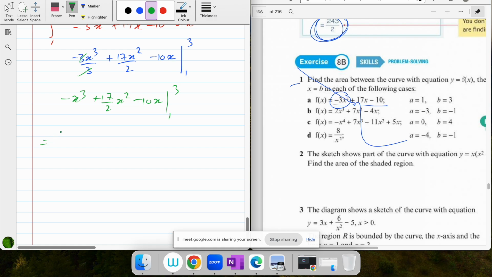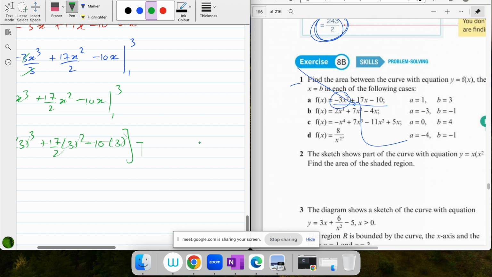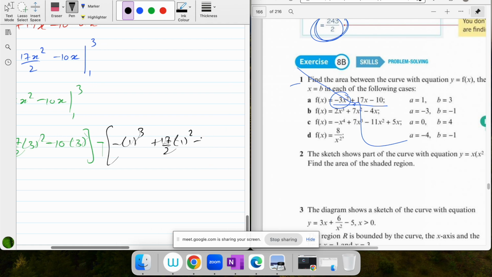So upper limit: minus 3 cubed plus 17 over 2 into 3 squared minus 10 into 3, minus the lower limit. So we substitute 1: negative 1 cubed plus 17 by 2 into 1 squared minus 10 into 1.